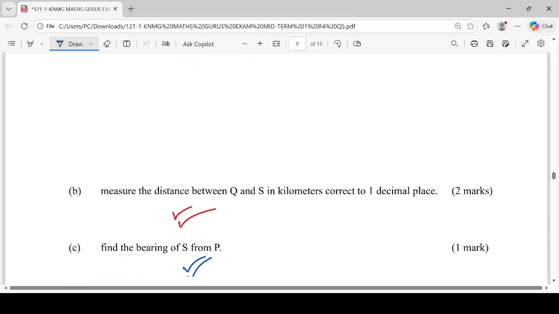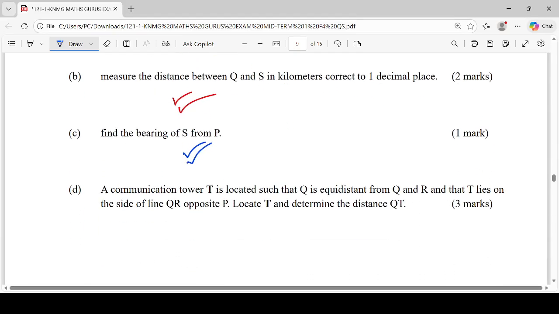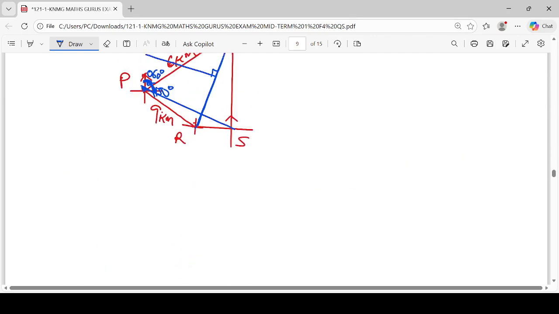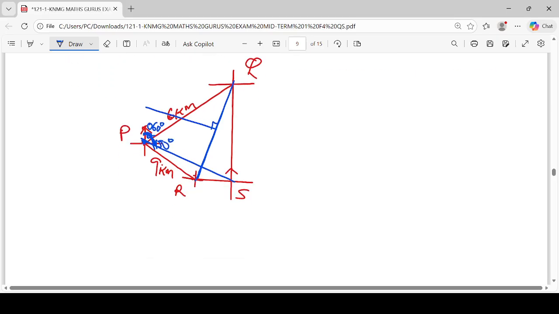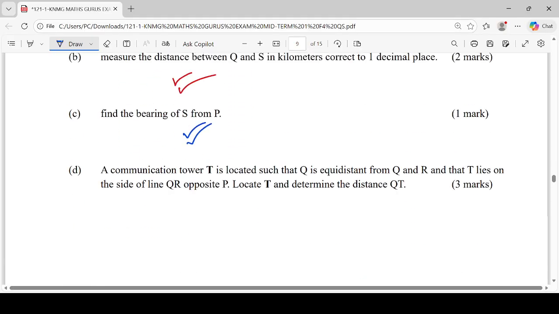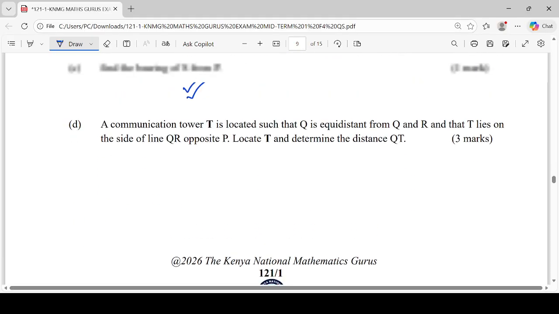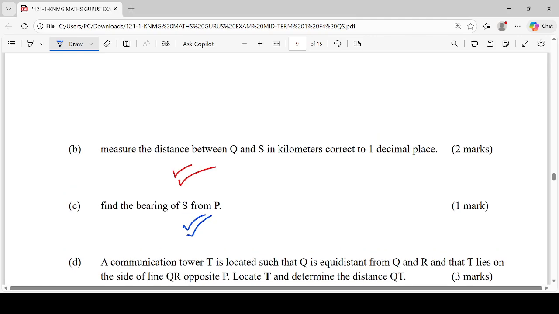But again they are saying such that T lies on the side of QR opposite of P. Locate T and determine the distance QT. So that is your T. I think this question had its own complexity. More so, let me see.